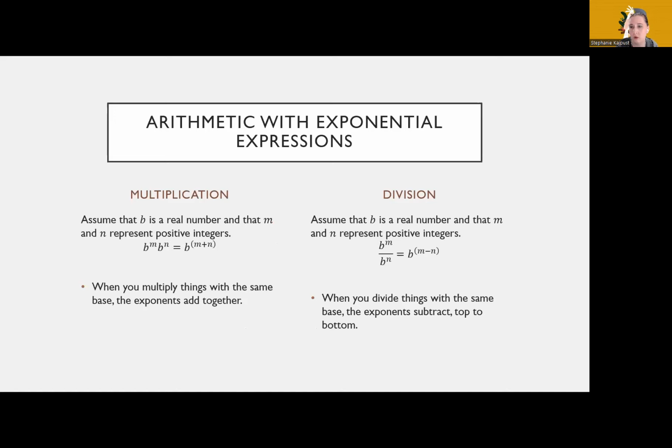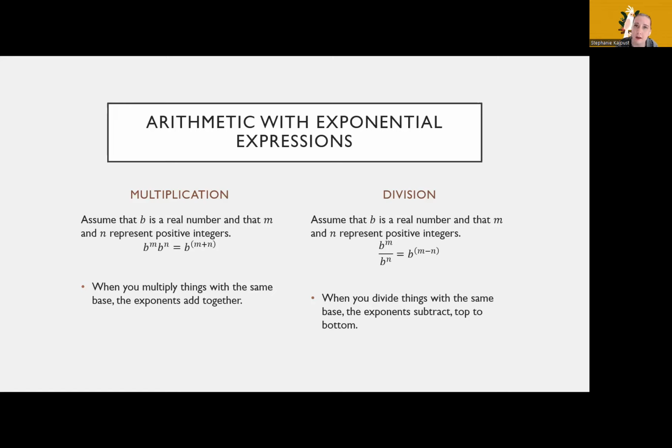There are two basic rules for arithmetic, and arithmetic is multiplication, division, adding, subtracting. So when we're multiplying or dividing things involving exponents: when you're multiplying, as long as the base, which is the thing under the exponent, is the same, the exponents add.